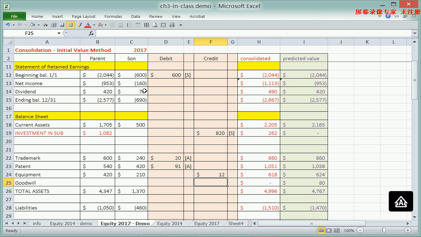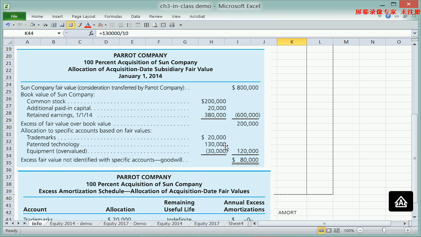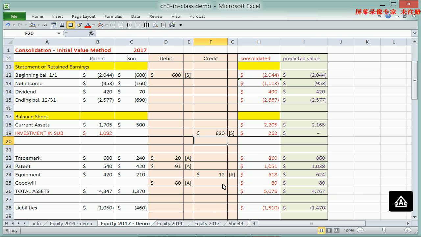So that's 12. Goodwill 80. We don't have anything else. We have trademarks, patent, equipment, and the goodwill. So that's all. We add them up.